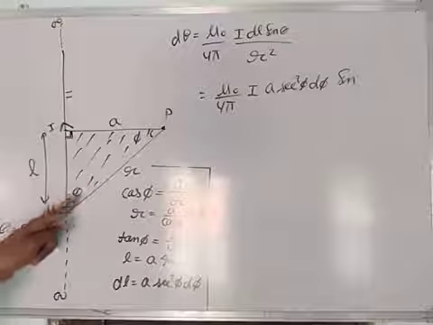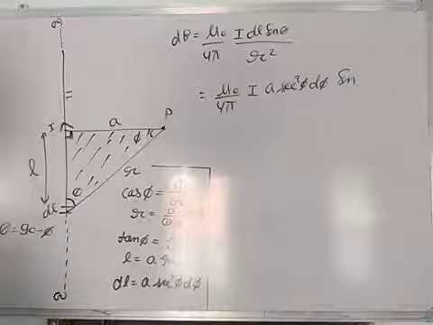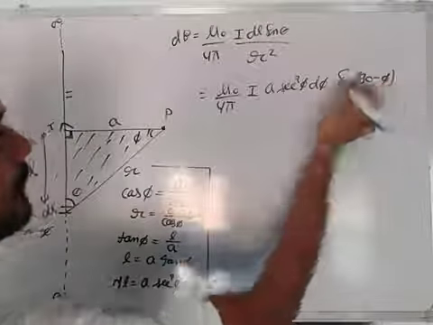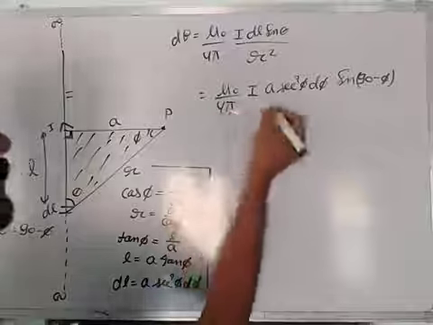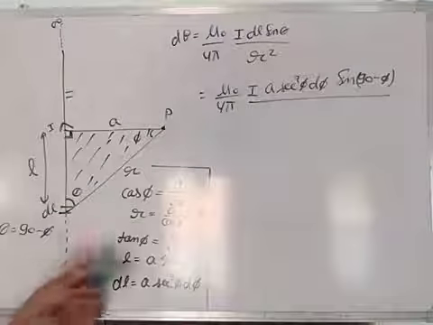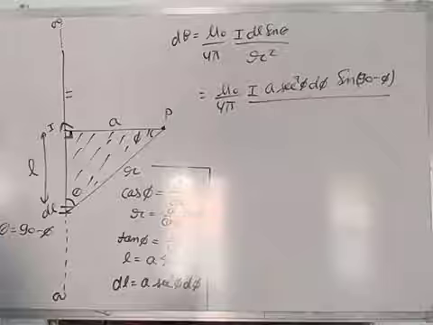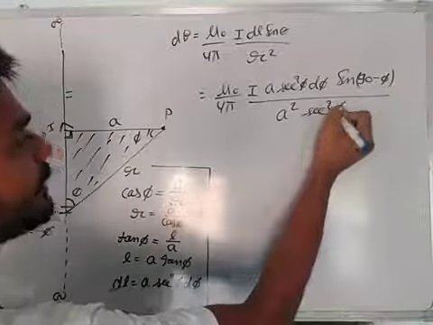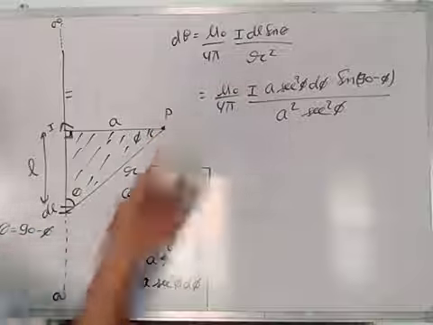We can write theta is equal to 90 minus phi. Substitute sin 90 minus phi upon r square. r is equal to a sec phi, a square sec square phi, because here there is a square.